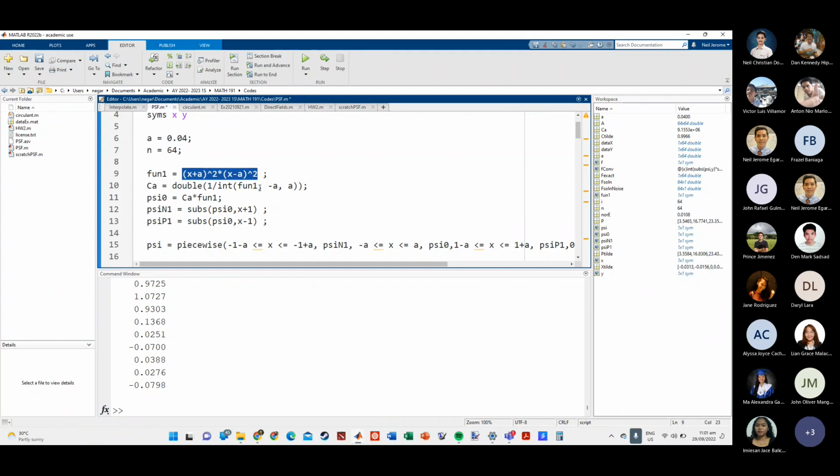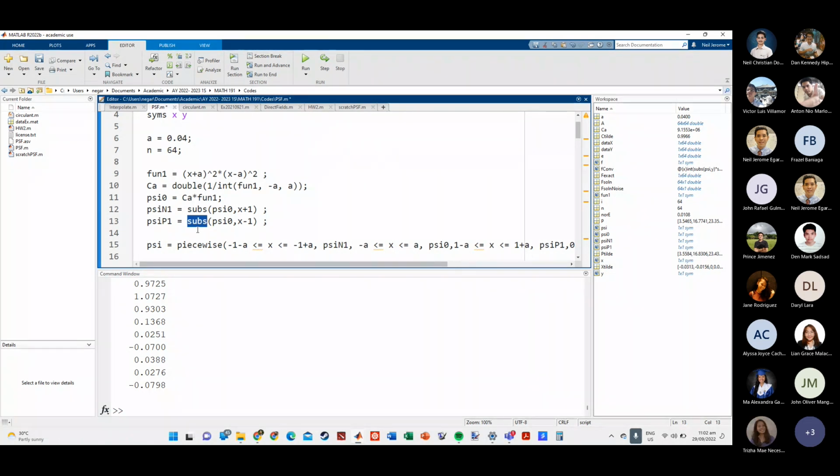And then, tapos kokopyahin ko naman ngayon si psi sub 0 dun sa interval 1 minus a hanggang 1 plus a. So, ang n ko naman ngayon ay positive 1. Kaya ang tawag ko sa kanya ay psi p1. Ito yung psi kay positive 1. Right? So, ganun din. Kaya lang ngayon, si psi, kinopya ko, shifted how many units?